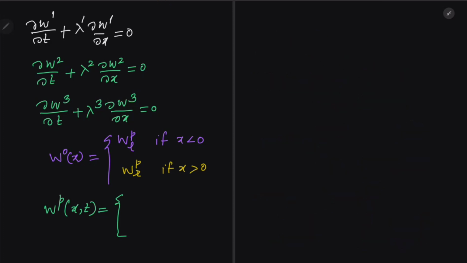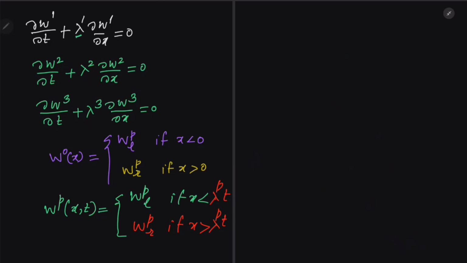So the solution is WP left if x is less than lambda P t. Remember that we have lambda 1, lambda 2, and lambda 3. So we write lambda P t, and WP right if x is greater than lambda P t.